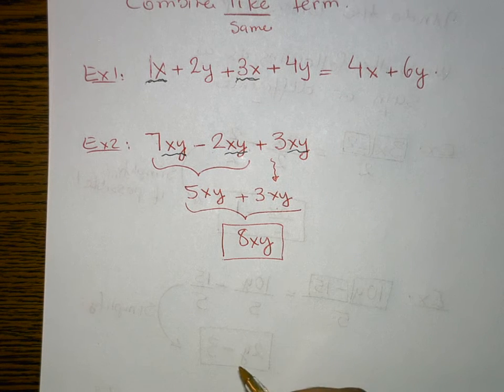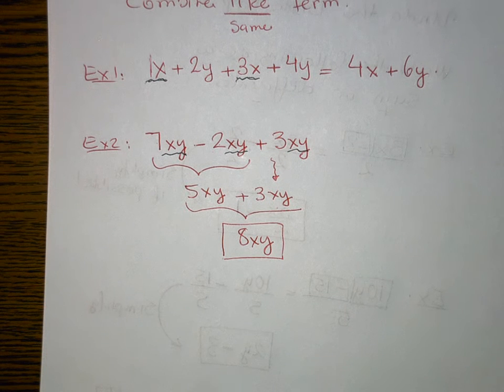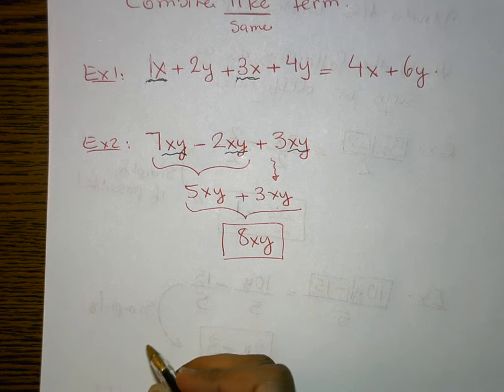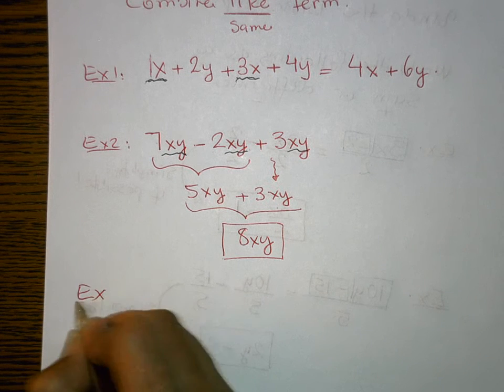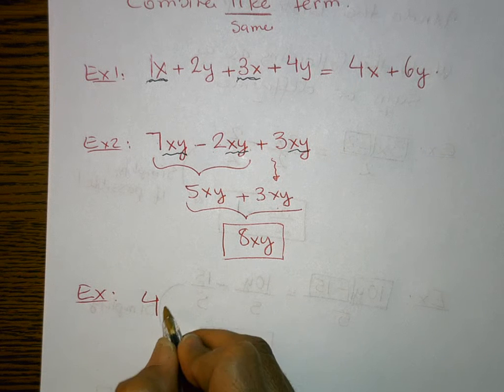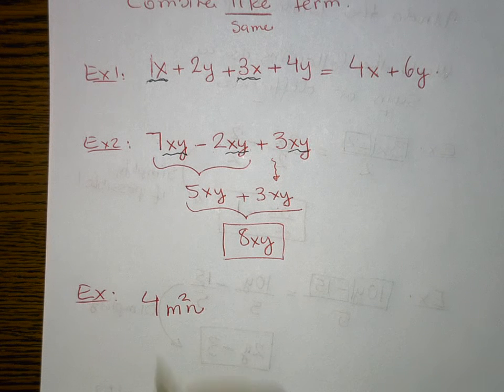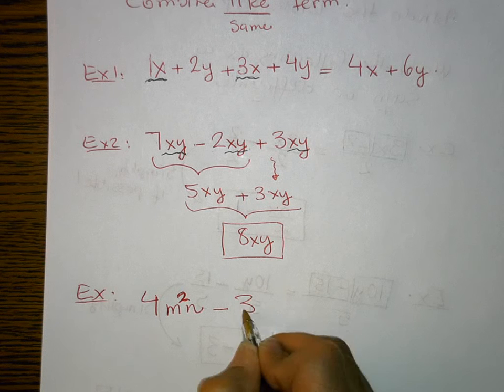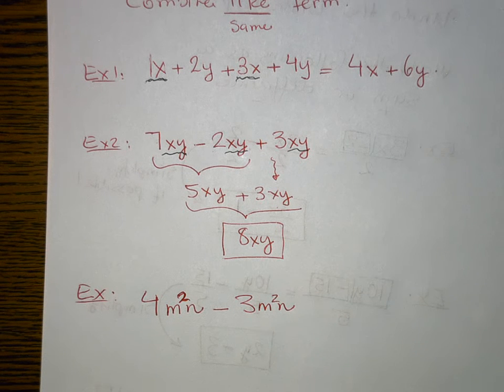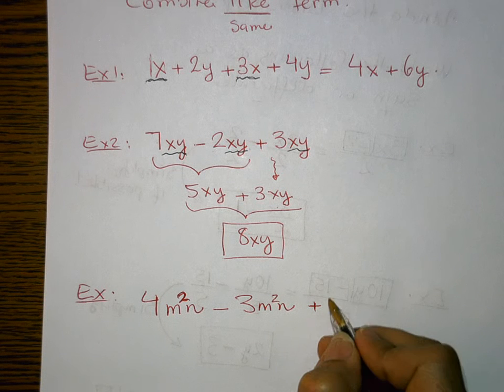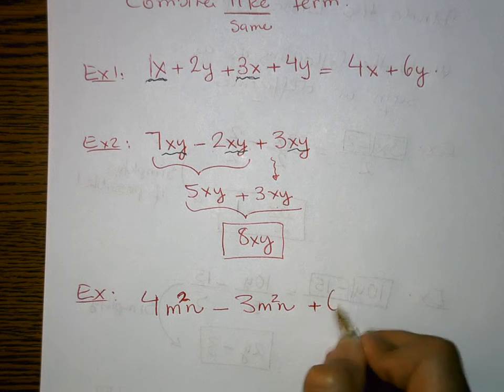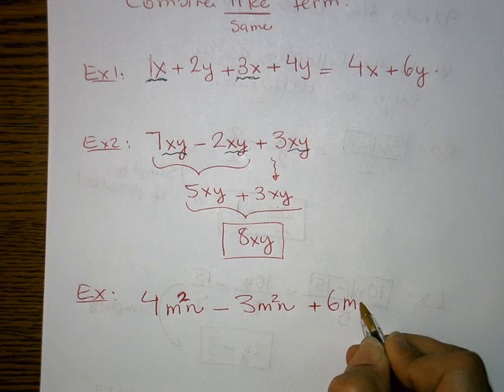We simplified it. Let's do a little bit more challenging. Let's do 4m squared n. Okay, I have a m squared n, and let's subtract a 3m squared n, and let's add a 6m n squared.